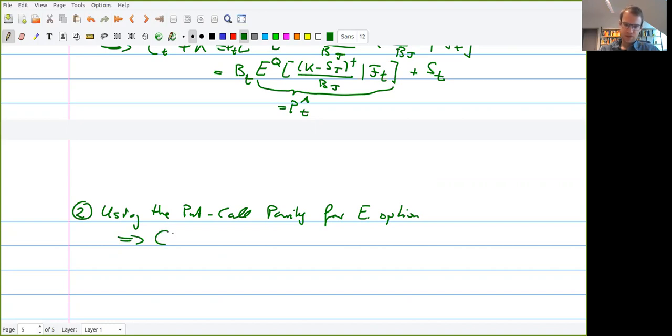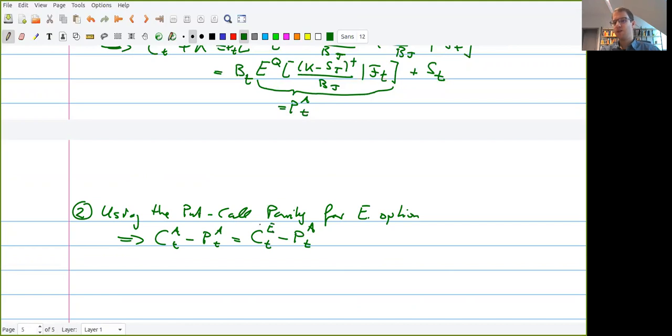Right, so if I consider the difference of the price of the American call option minus the price of the American put option, I can do the change for the European call, right?